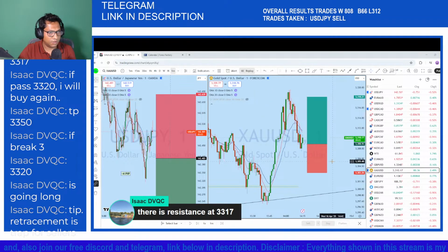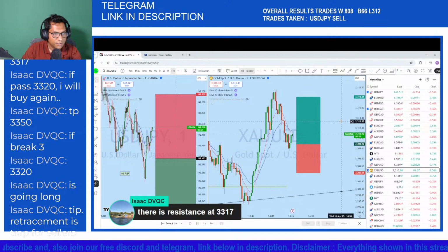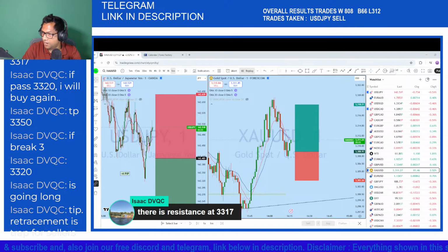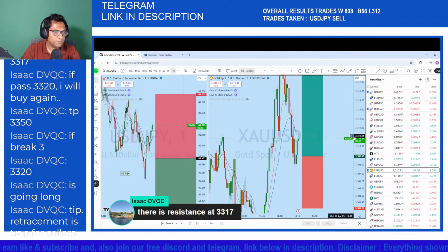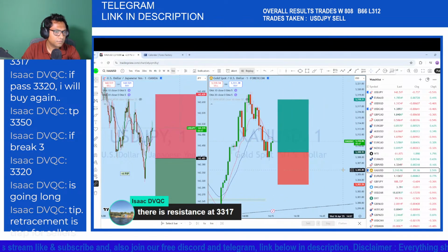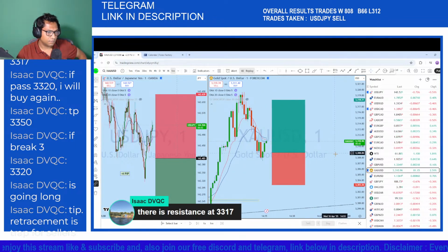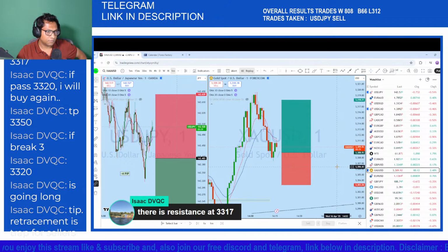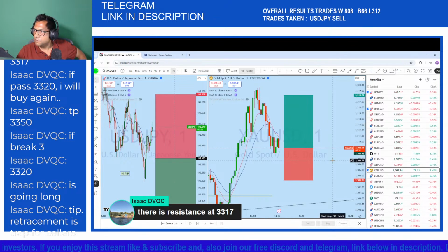Here there's the narrow gap, so I placed the buy trade at market, expecting it to return back up here to the upside to create a new higher high. Now very tight stop loss.